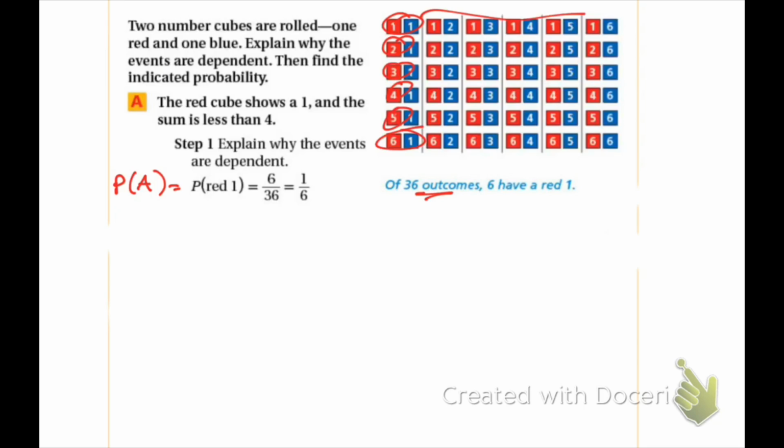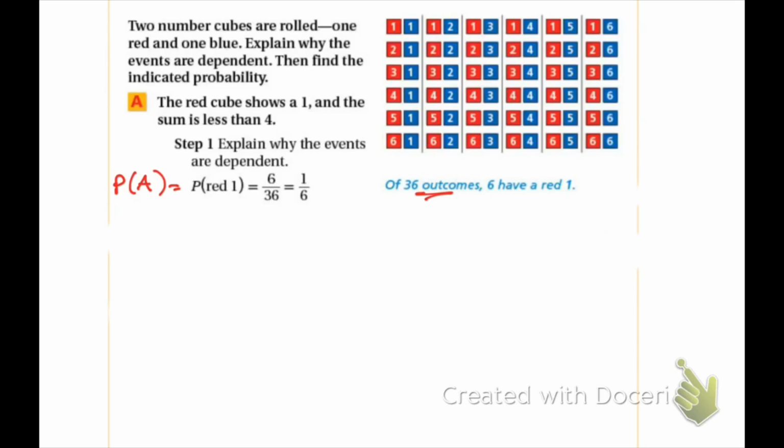So 6 by 6, there's a total of 36 outcomes. Well, how many red 1s do we have? We only have 1, 2, 3, 4, 5, 6 red 1s. So 6 out of the 36 are red 1s. So that probability of event A occurring, which is the red 1, is 1 out of 6.